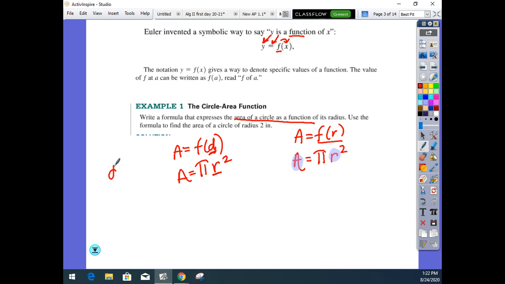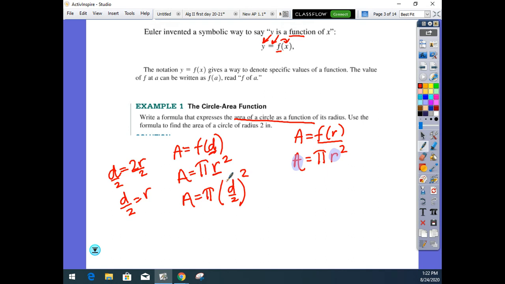Well, we know that your diameter is twice the radius. So I want to replace r with d. So what does r equal? r is half the diameter. So I can substitute half of d in place of r.